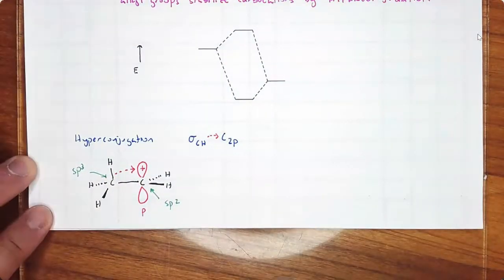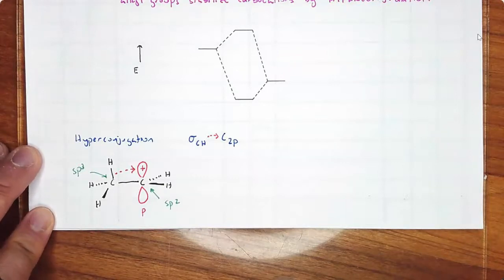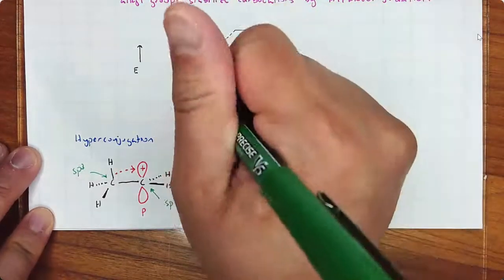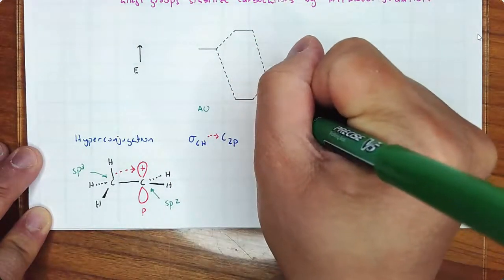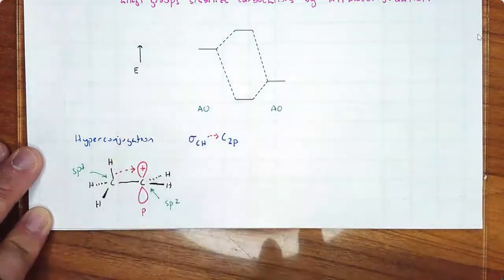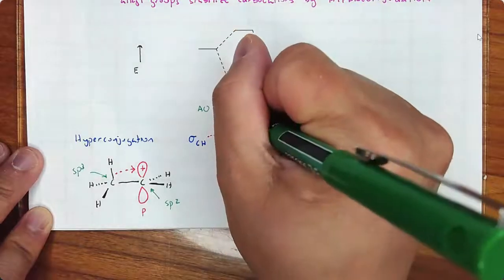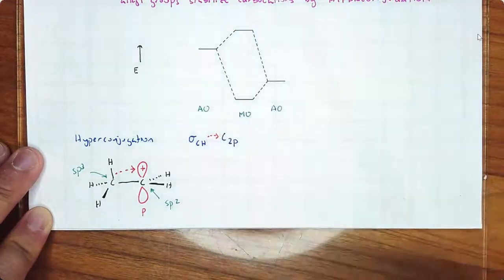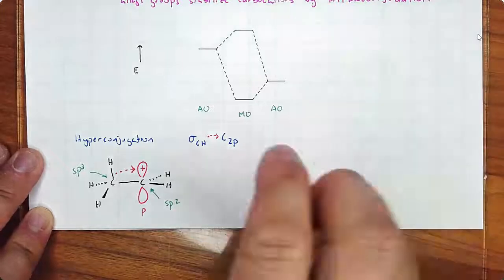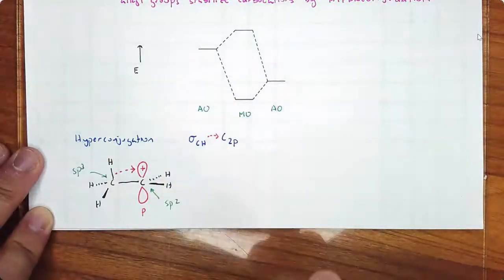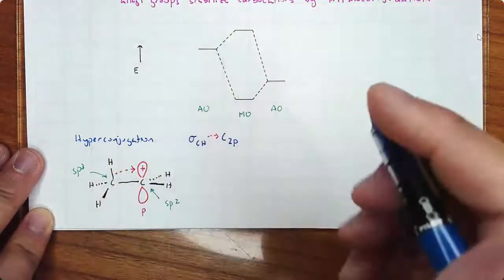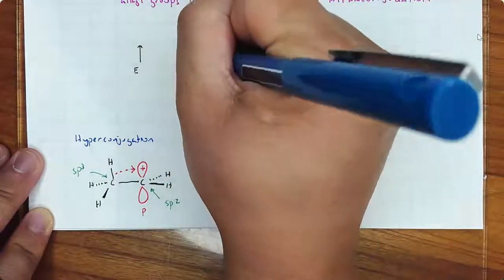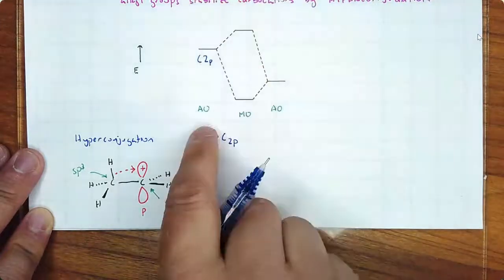A couple of things about these molecular orbital diagrams: you want to understand that what we're doing is combining atomic orbitals, in this case 2 atomic orbitals, to create new molecular orbitals. I'm not going to explain too much why we chose these 2 levels, but the p orbital of the carbon is a little bit higher, and we're going to label this the C 2p atomic orbital.